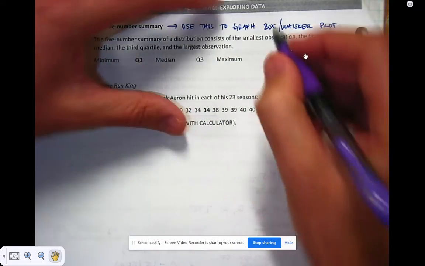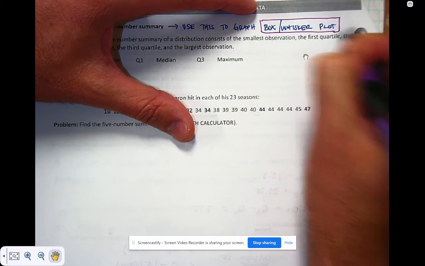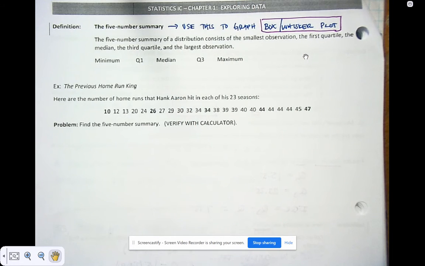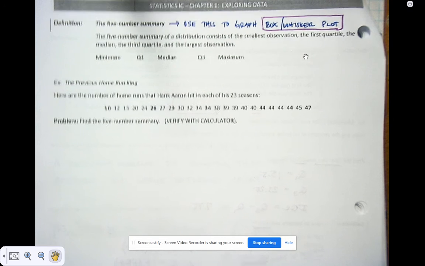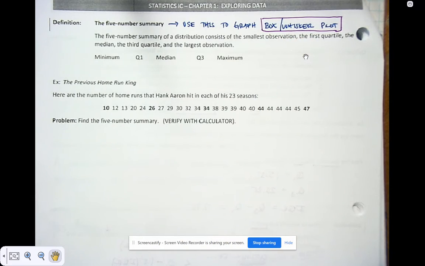We are learning another graph, and this one is probably one of the most commonly used in stats. We've learned about a dot plot, a stem plot, a histogram. Now we are going to learn about a box and whisker plot.